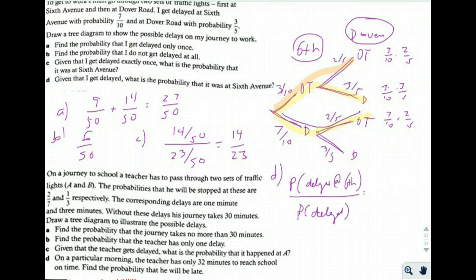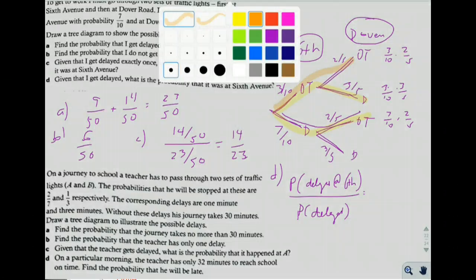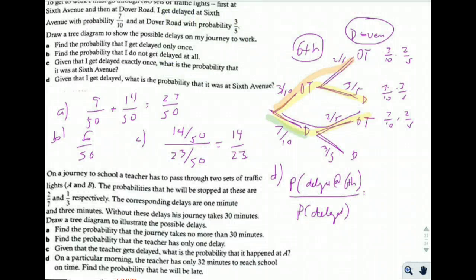The probability that I'm delayed at 6th is 7/10, right? It would be either one of those. So I would put 7/10 as the probability that I was delayed at 6th.